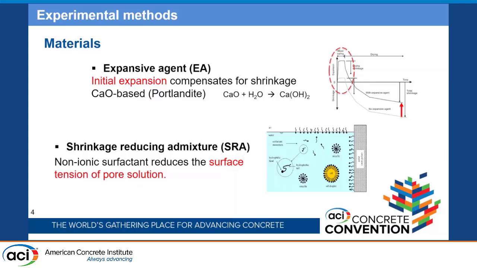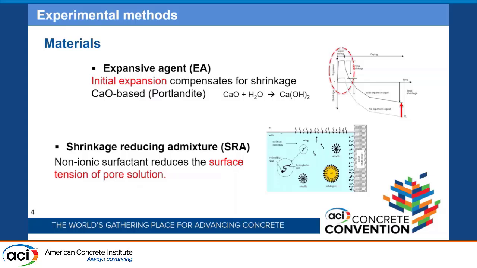The specific type I used is a CaO-based, whose hydration product is portlandite, and it induces initial expansion, as you see on the right, and reduces the later age shrinkage.